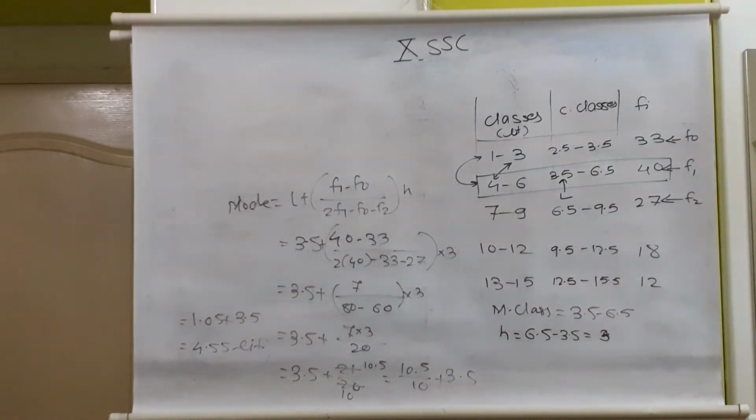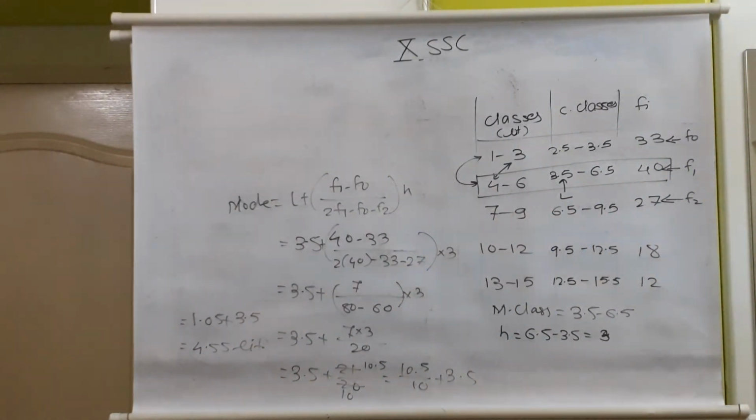The frequency of the previous class, F0, is 33, and the frequency of the next class, F2, is 27. So I repeat, L is 3.5, F1 is 40, F0 is 33, and F2 is 27.